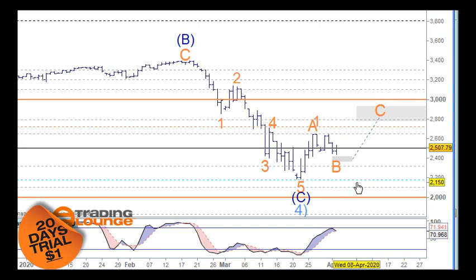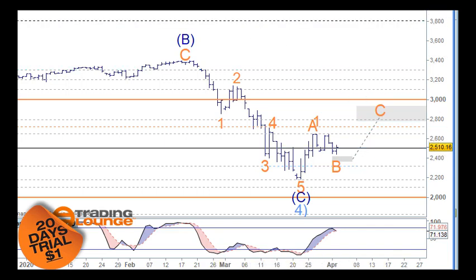Because the count is not that clear, one of the things we've been using is this medium level, 2500. So we're looking for support on that level, and also a trade setup, and we can look at that today and look for a long trade today.